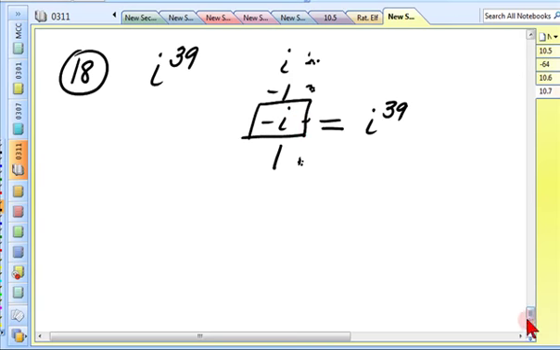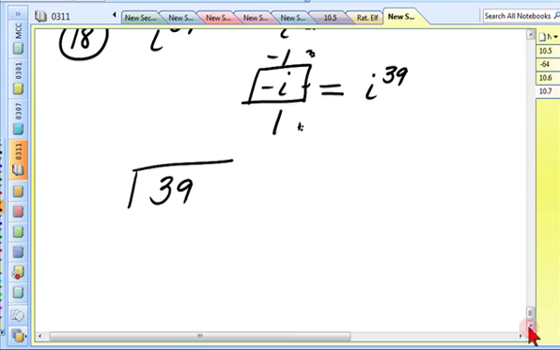So here is the shortcut. Take the power, divide it by 4. 4 goes in there 9 times. That's 36. Subtract, for 3. That means 9 times I will go completely through the cycle, 1, 2, 3, 4, 1, 2, 3, 4, 1, 2, 3, 4. 9 times.